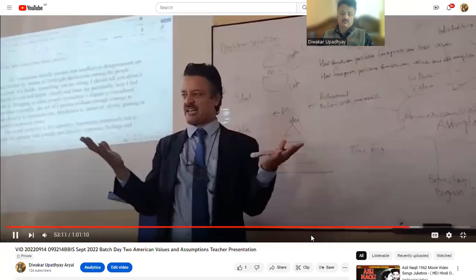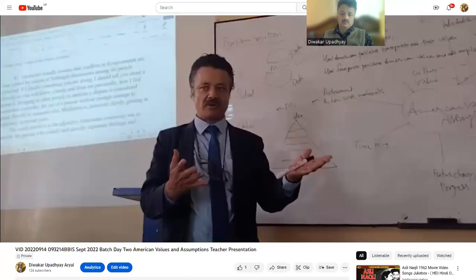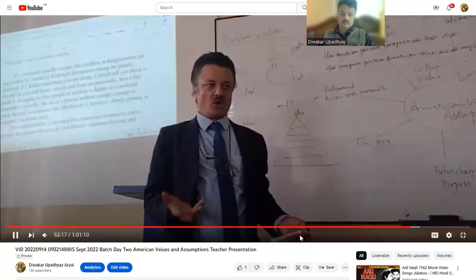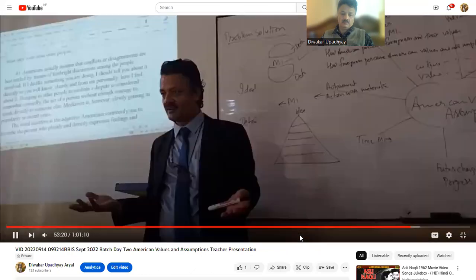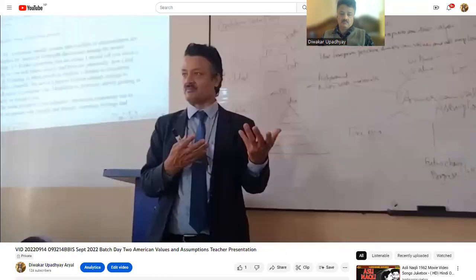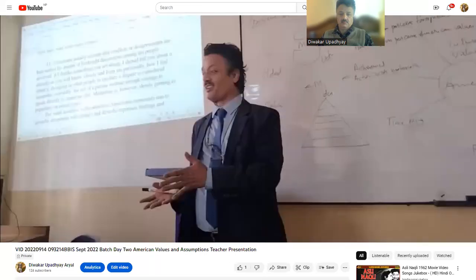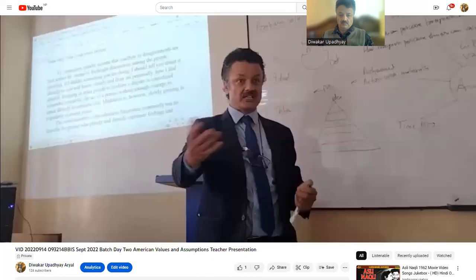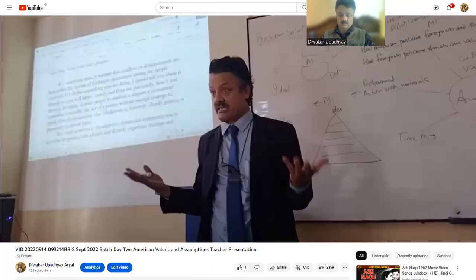People come to America from all over the world. They don't know American lifestyle. They don't know American beliefs and assumptions. And then they have a problem, right? Solution, read my book. Read this chapter. And understand, watch English movies, watch Hollywood movies, watch serials, and know what America is, right?